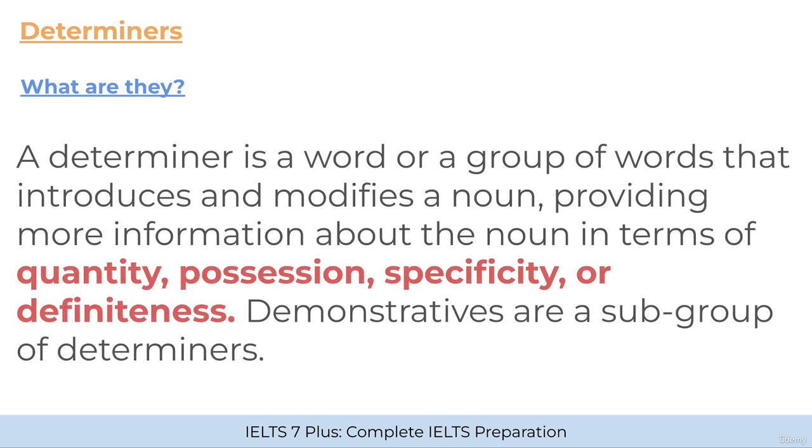So determiners, or a determiner, is a word or group of words that introduces and modifies a noun, providing more information about, say, possession or quantity. So demonstratives are a subgroup of general determiners. So determiners are the umbrella term and demonstratives come under. So that's just useful to know for our general understanding here.